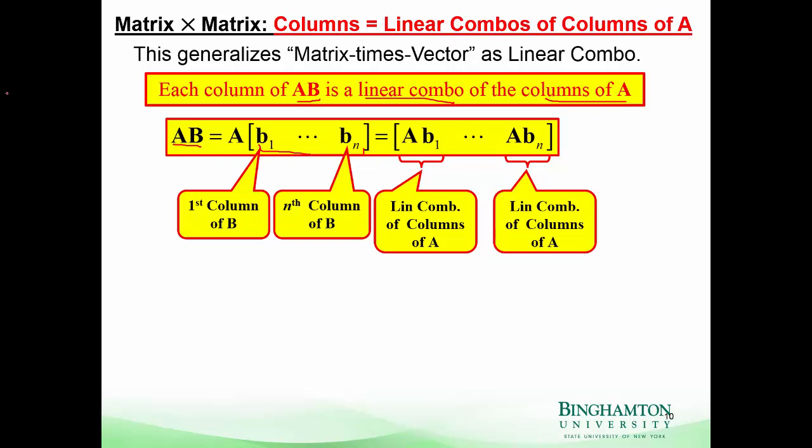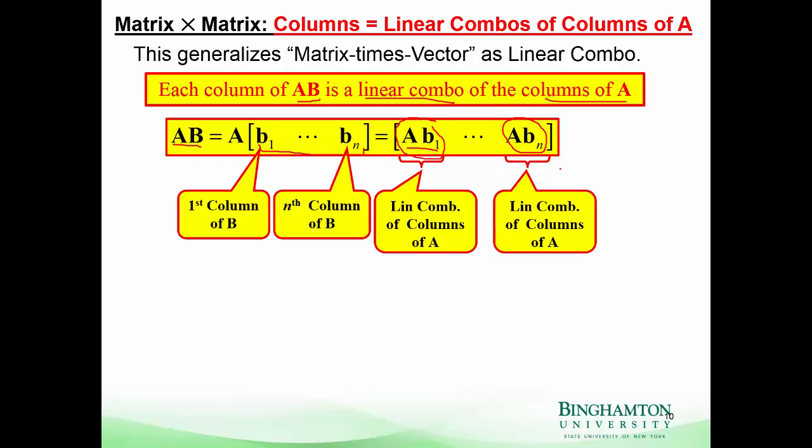So B1 is just the first column of the matrix B, all the way out to Bn, which is the nth column of matrix B. And what we can do is verify that if we take A and pass it through, A times B1 will be the first column of the result, all the way out to A times Bn, which will be the last column of the product result. So that's easy to verify.